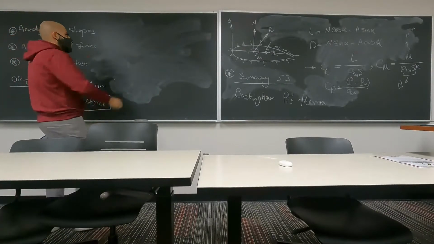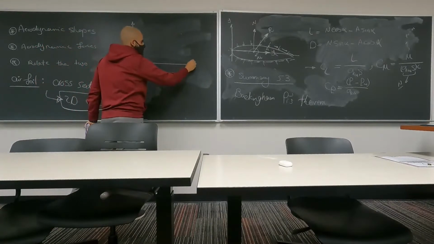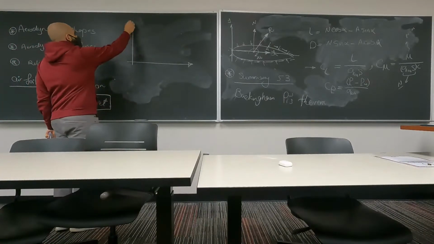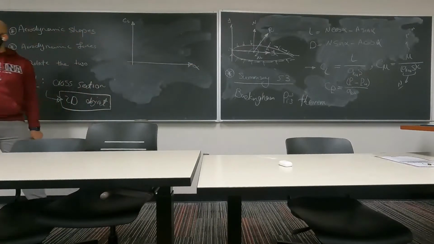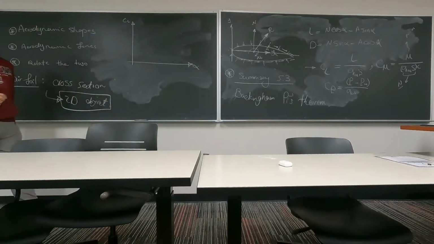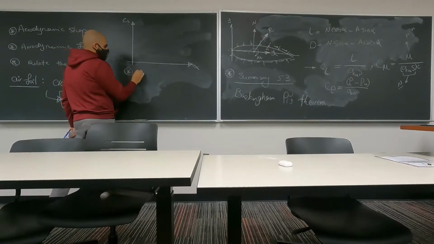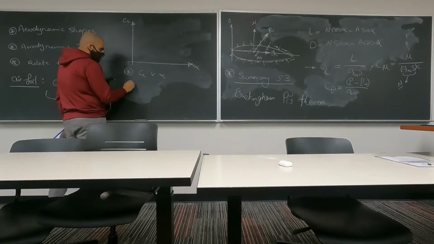One thing that is very important when you want to identify the performance of an airfoil, wing, or an aircraft, is lift coefficient versus angle of attack. We also have another one, the lift coefficient versus the drag coefficient, or the drag polar. So two main plots, CL versus alpha and the drag polar.